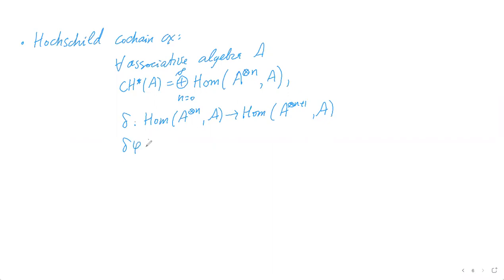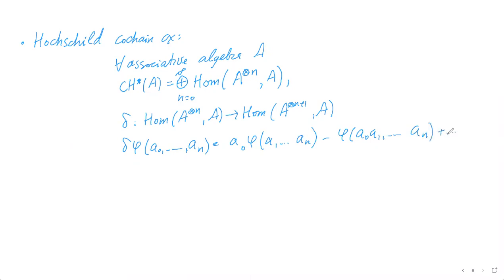delta phi applied to n plus 1 elements, say a0 through an, is equal to, first you take a0 out of this parenthesis and put it in front of everything, and then you multiply it. But what remains? Then you subtract phi of a0, a1, and all that remains.